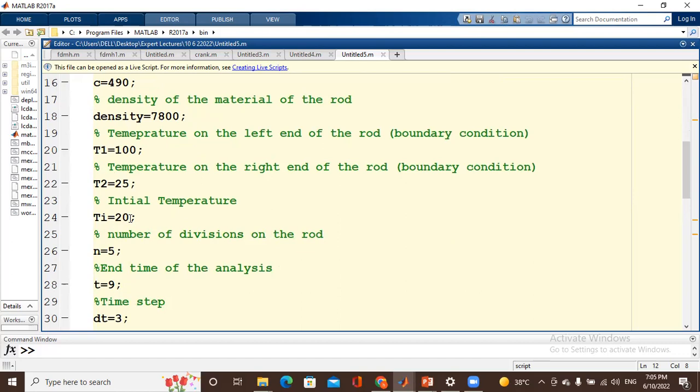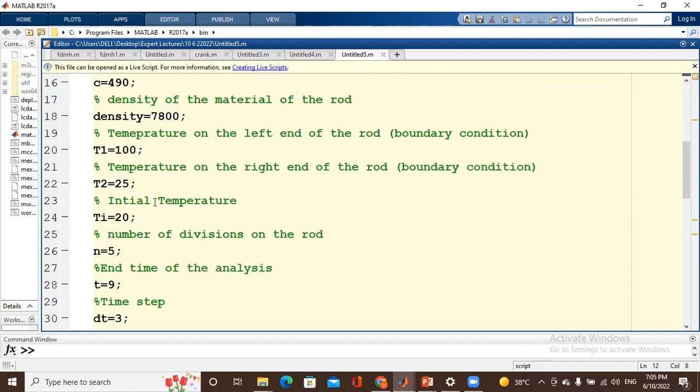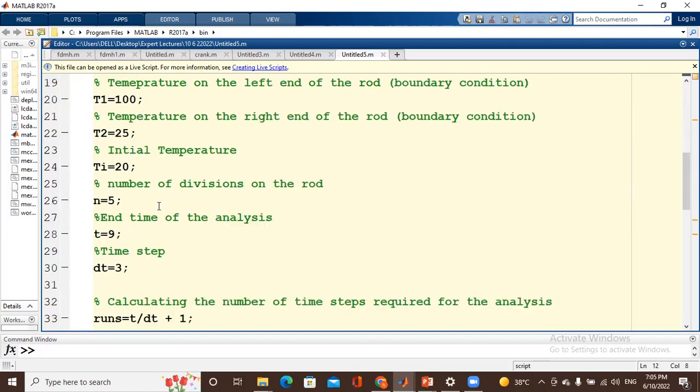Now the number of divisions on the rod, that means in the X space, we write n is equal to 5, and for the analysis T we consider 9. So we discretize T from 0 to 9, X from 0 to 5, and we discretize the step. So the time step is 3.